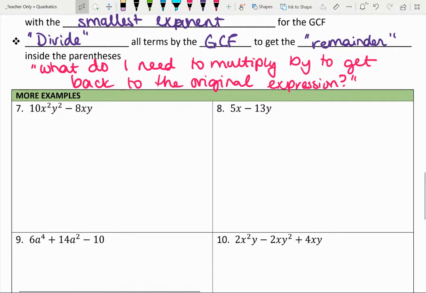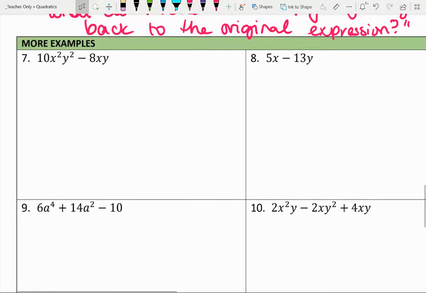So number 7 here, 10x squared y squared minus 8xy. So we need to start by asking ourselves, what is the greatest common factor? So the greatest common factor between our coefficients, right? We're starting with the coefficients, 10 and -8 is 2, right? That's the largest number that goes into both 10 and -8.